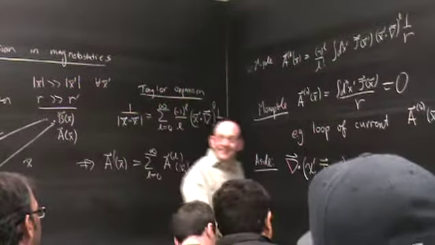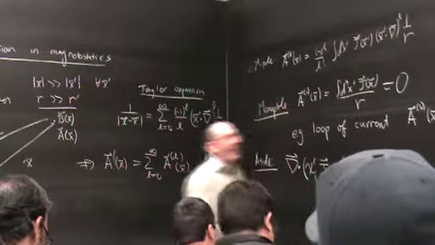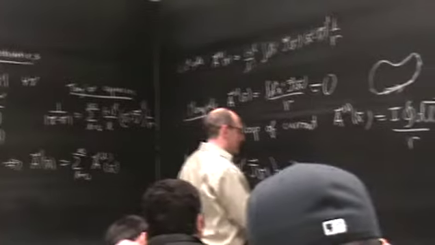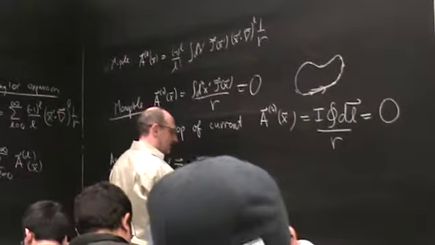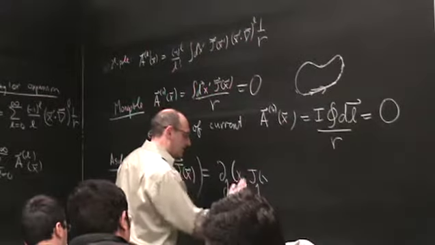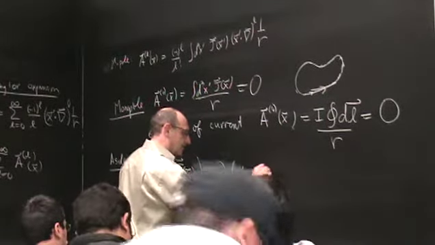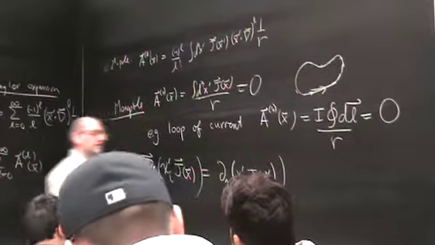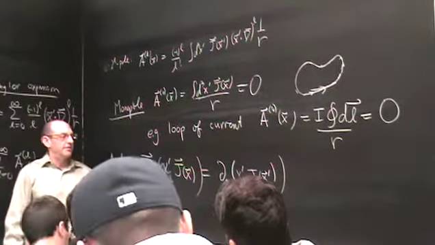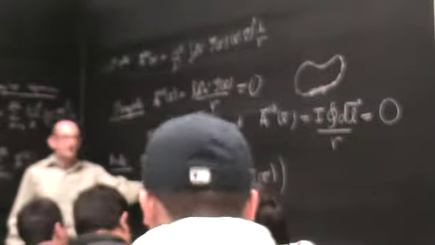Let's consider that. This is equal to the sum over j of the divergence with that.